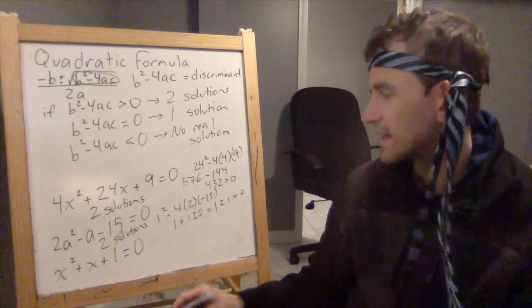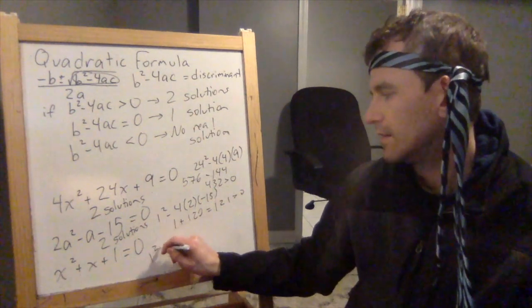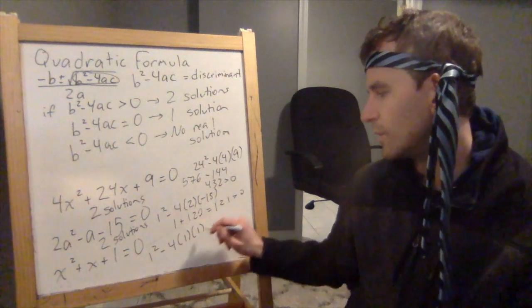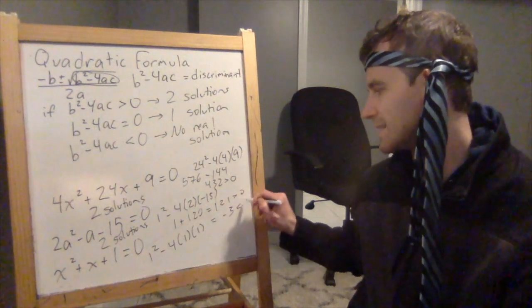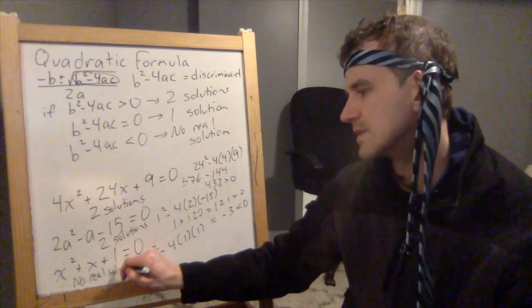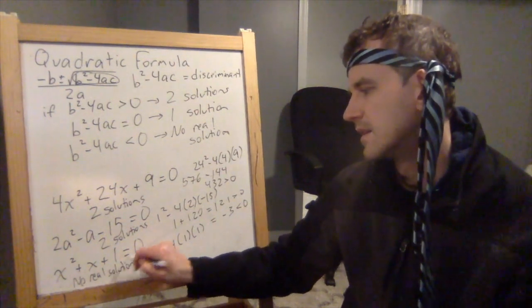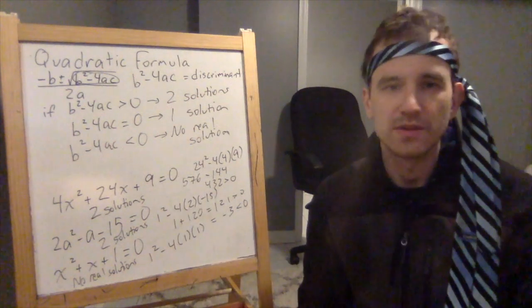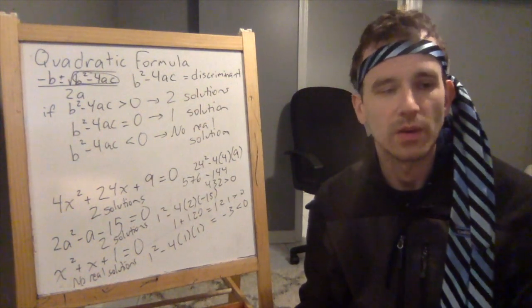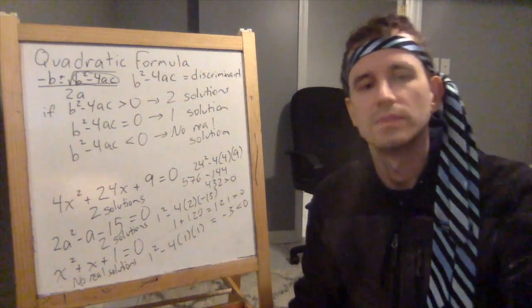And x squared plus x plus 1: b squared, 1, minus 4 times a times c. 1 minus 4 is negative 3. That's less than 0. So this one would have no real solutions. So you can use just that part of the quadratic formula to tell the number of solutions you have to a quadratic equation without actually calculating what those solutions are.